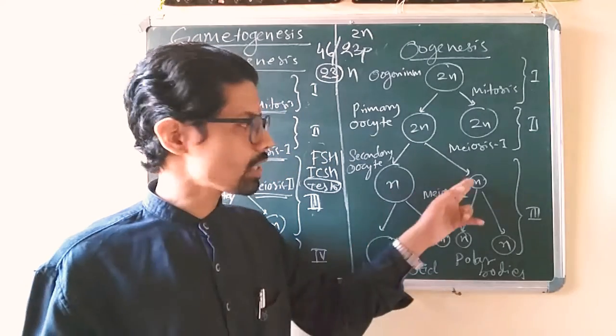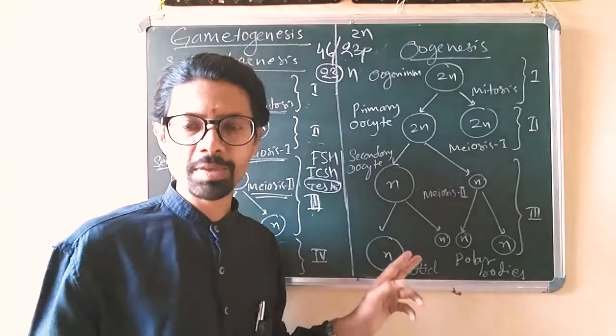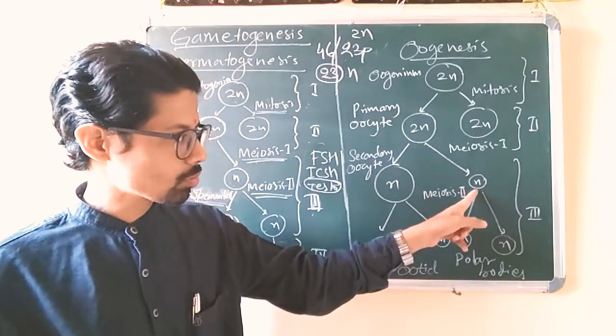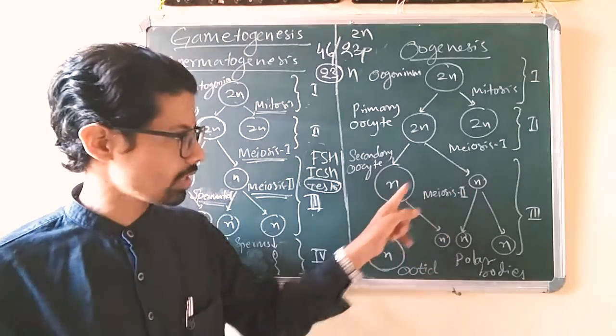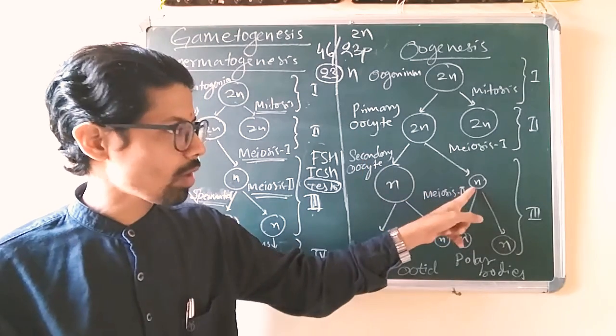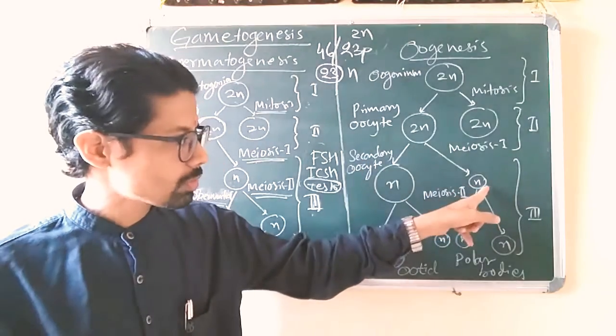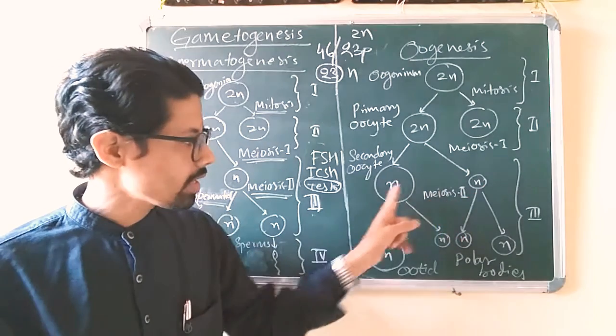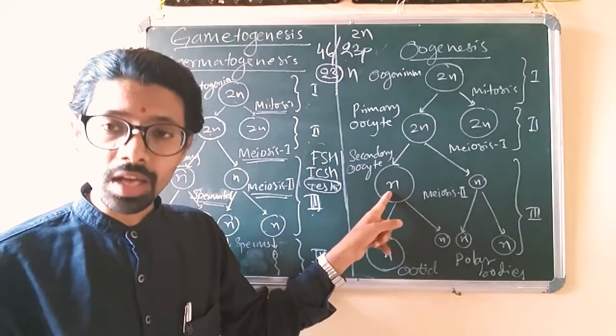Okay, and unequal division is also there. The cytoplasmic division is unequal. One cell is smaller and the other cell is larger. You can see meiosis 1 forms one secondary oocyte and one polar body. This is the primary polar body which is smaller. This is the secondary oocyte which is larger.